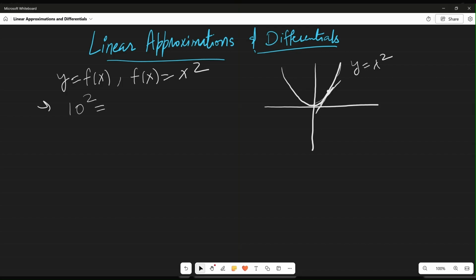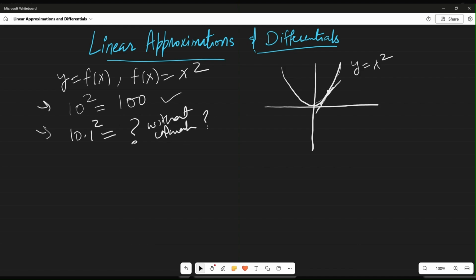Can you answer this without a calculator? Yeah, sure, why not? It's 100, right? But now if I tell you a harder value, can you answer this without a calculator? Not many of us, maybe one or two, but that's not what we're used to, right?